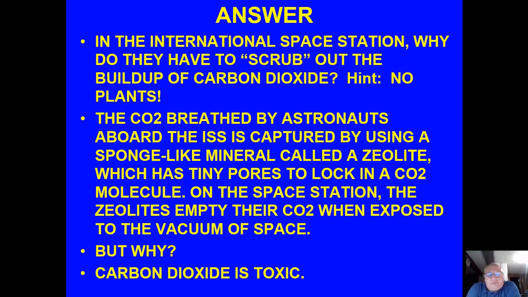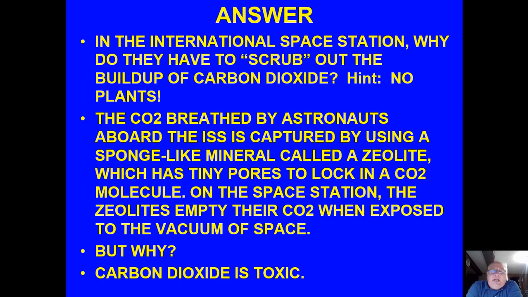Answer. One of the things you have to understand is this. In a closed environment like the space station, or the same thing if you were in a submarine at the bottom of the ocean, you're going to have a certain amount of oxygen supplied, a certain amount of CO2, but they're not controlled in the way that we see on Earth, where carbon dioxide I breathe out, plants take it in, they make oxygen, they breathe that out.